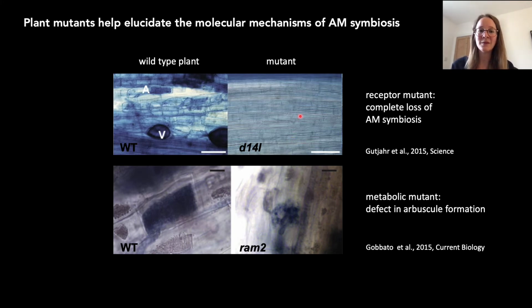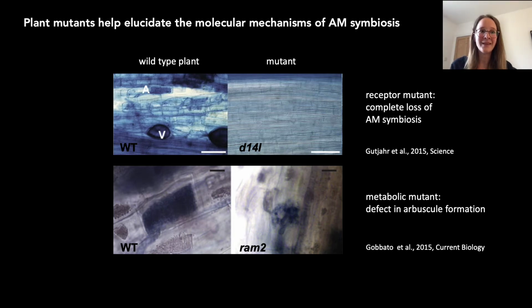And we then also have other sets of mutants, for example, this mutant here, which is a metabolic mutant and is not able to form these nice rectangular arbuscules here, but only very small arbuscules. So for each step of colonization, we have identified plant mutants.